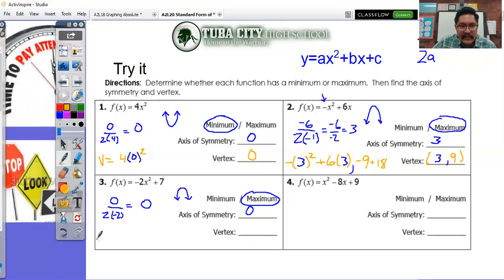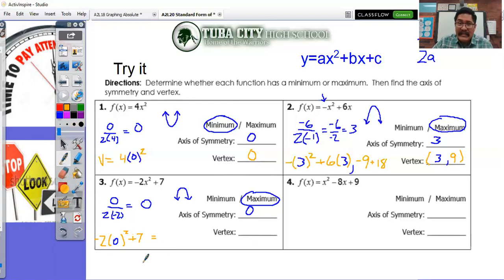And just like the last one, let's go ahead and plug it in. And I'm going to take out the x and replace it with a parenthesis. And we are going to plug in the number we got for the axis of symmetry, which in this case is 0. And 0 squared is going to be, well, 0.